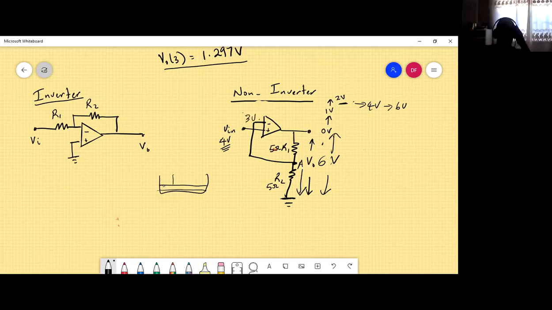So 4 minus 3 is 1. So things are still pouring into the amplifier, so the voltage is going to continue to rise.